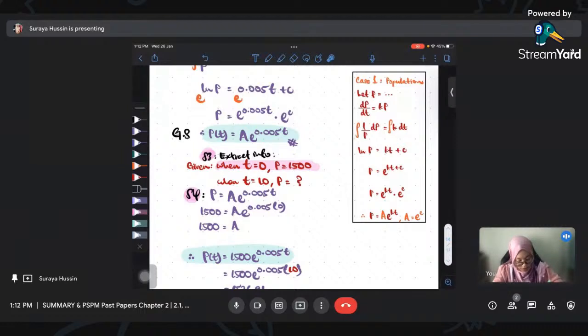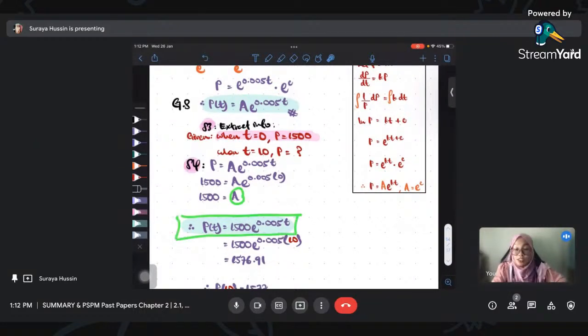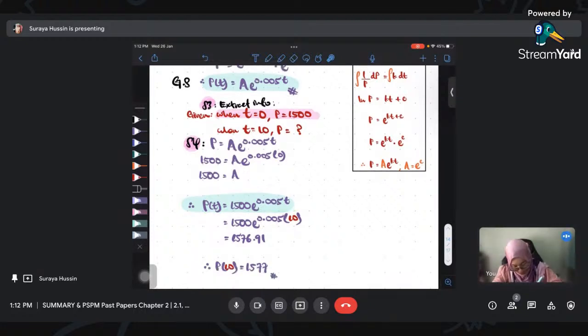After you got the value of A, jadikan conclusion yang baru, jadikan GS yang baru, general solution yang baru. Okay, jadikan general solution yang baru, or should I call this particular solution? I think this is already particular solution lah. Dah panggil sebagai particular solution kot. Okay, dah panggil sebab yelah dah perfect. Okay, and so dia suruh cari at time P(t) di mana dia 10 years.